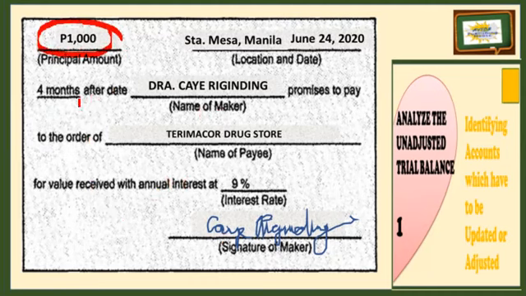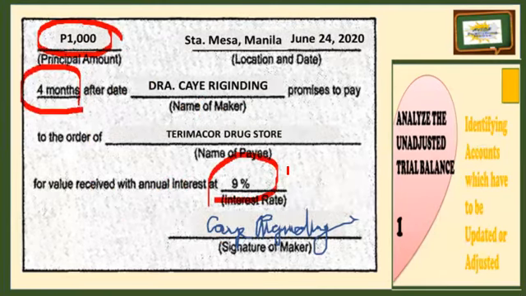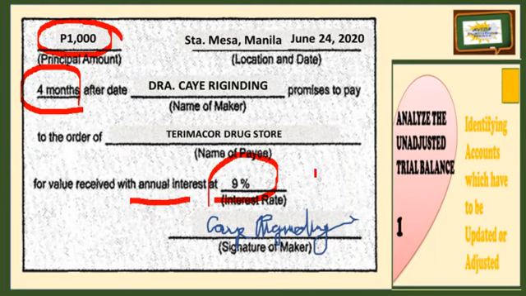Then, this is the duration of the note, 4 months. And then, this is the interest on the note. The interest is always expressed in terms of year. So when you find an interest on a note, usually it is an annual interest.